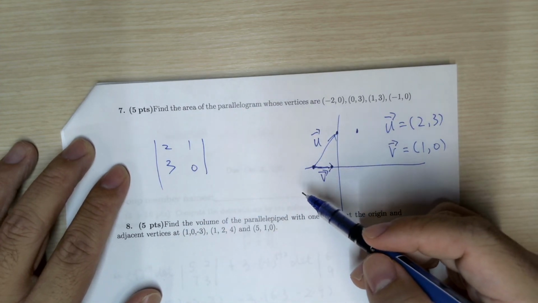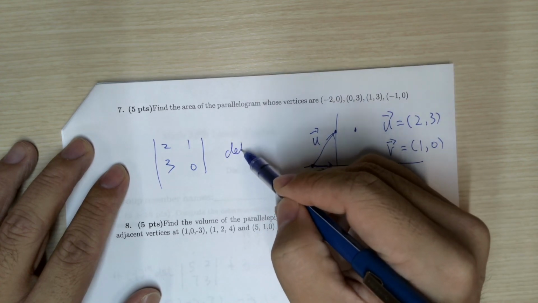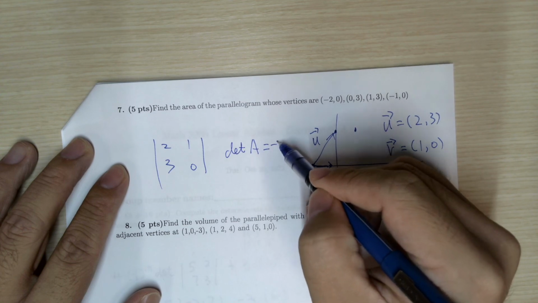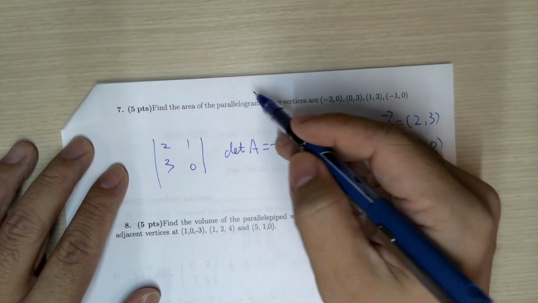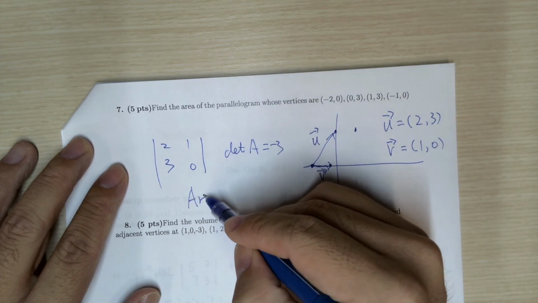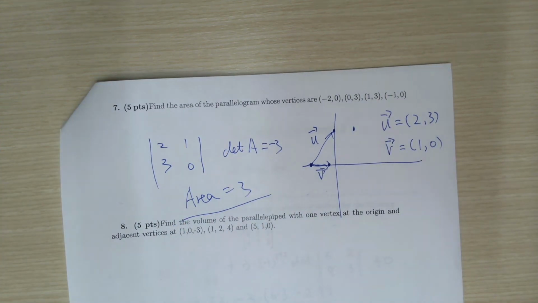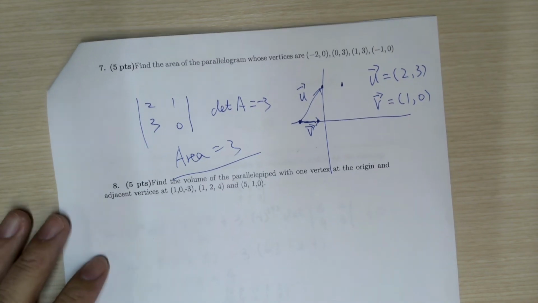The determinant of A equals -3. Hence the area is going to be 3, which is the absolute value of -3. So that part is easy.